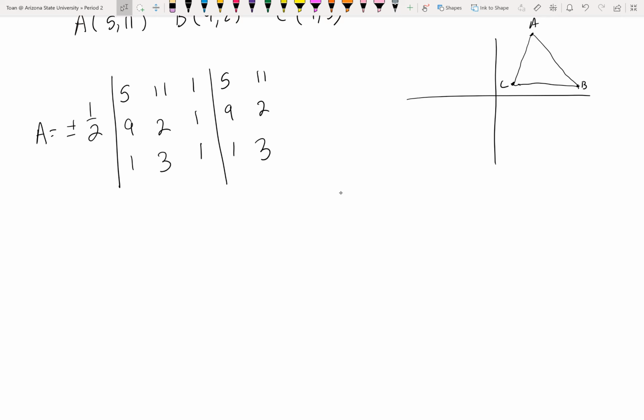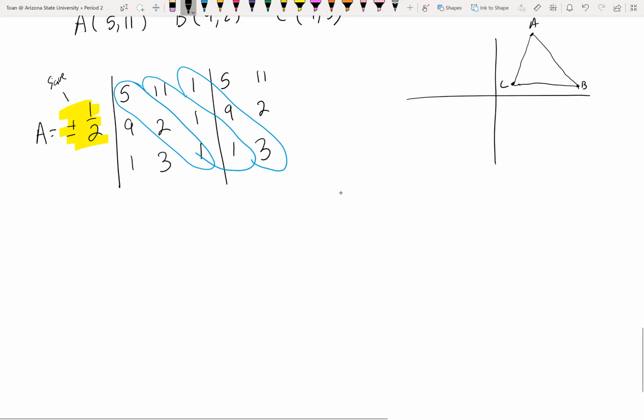I'm going to ignore the plus or minus until the end. So I'm going to save it, so don't forget it. Let's just work with the determinants. So we have this diagonal, this diagonal, this diagonal. So we have 5 times 2 times 1, plus 11 times 1 times 1, plus 1 times 9 times 3.